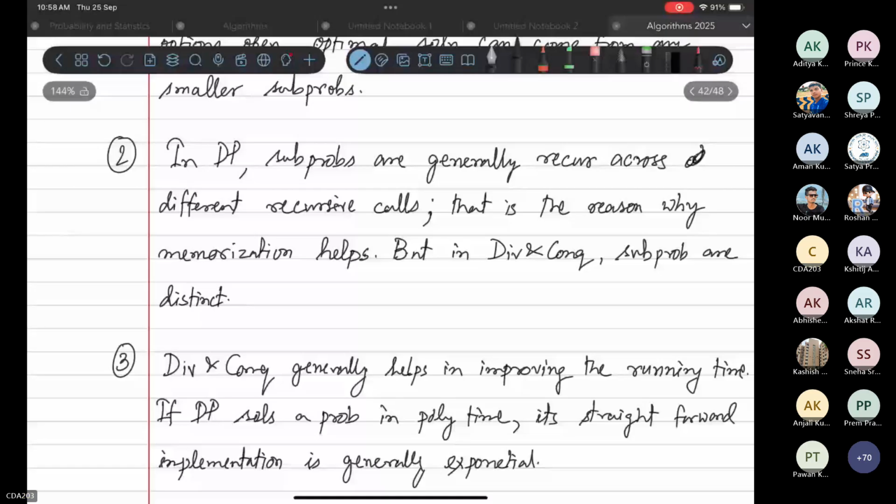This one is the main crucial point here. In divide and conquer, what we did, for example, as an example of divide and conquer, you can think of binary search. In binary search, we have a sorted array.